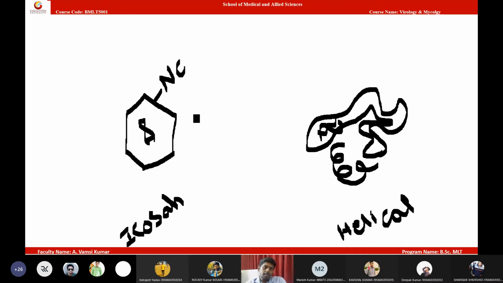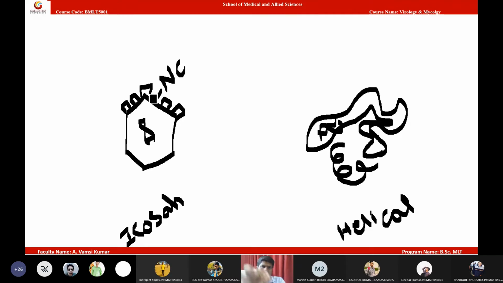Now, on the surface of this nucleocapsid, we will see small protein subunits. These protein subunits are very essential for the attachment of the virus.